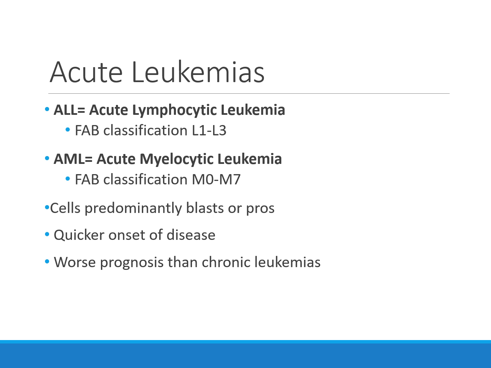And we classify acute leukemias utilizing a classification system called the FAB, and that stands for French American British classification. In terms of ALL, we use classifications L1 through L3, and we will talk about those details in just a moment. In terms of AML, because we have more types of myelocytic involvement with AMLs, our classification, although it's still through the French American British classification system, is a little bit more detailed.